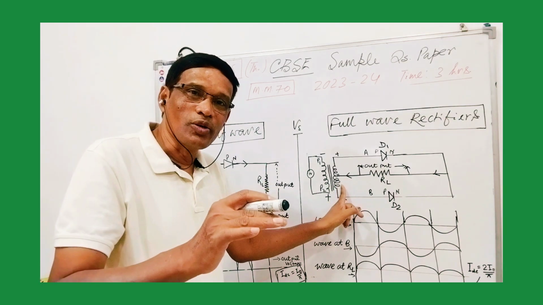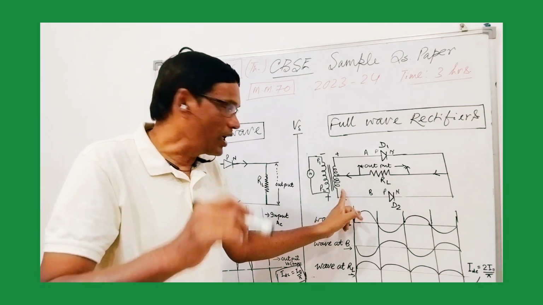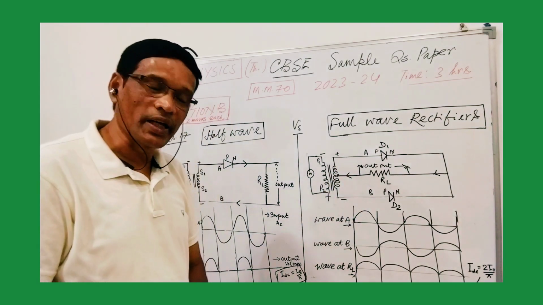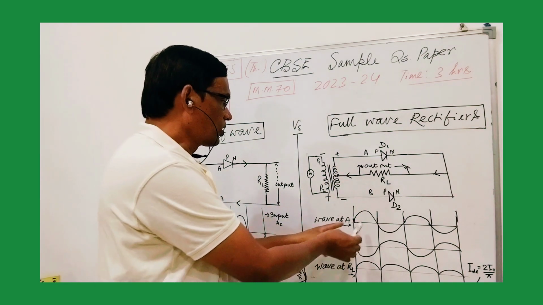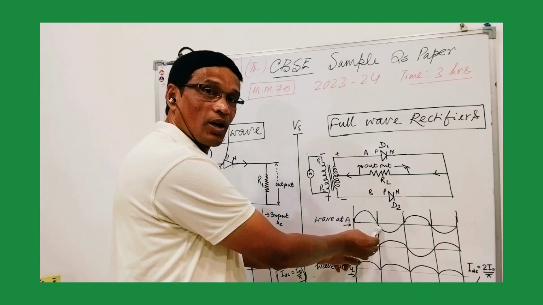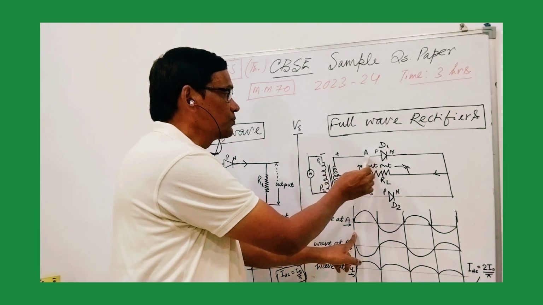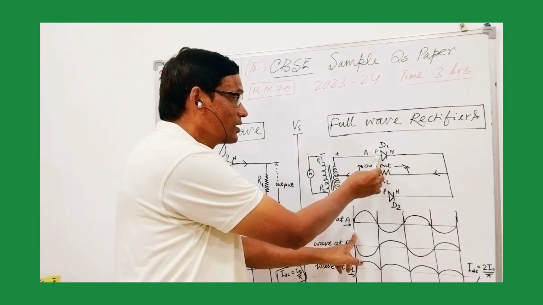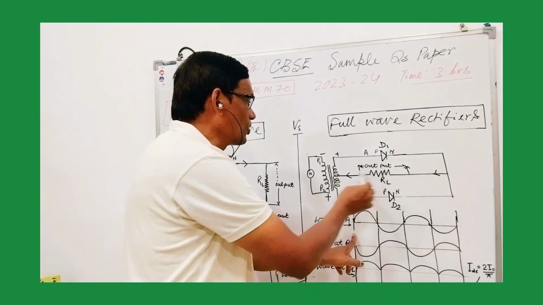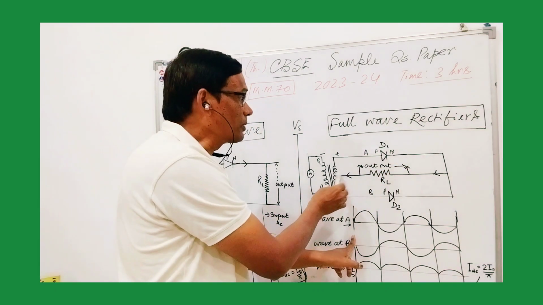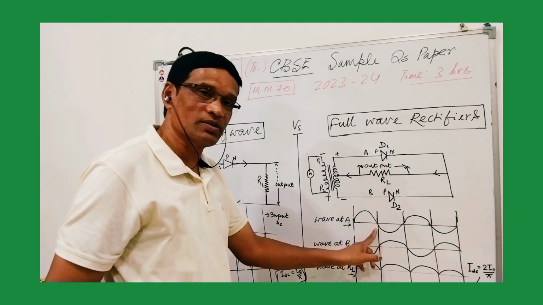The center tap will be 0, in between the positive and negative. So what happens here? For the positive half cycle of the input, positive is fed to P and negative is fed to 0. That means diode D1 will be conducting.